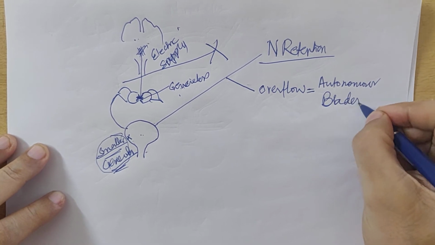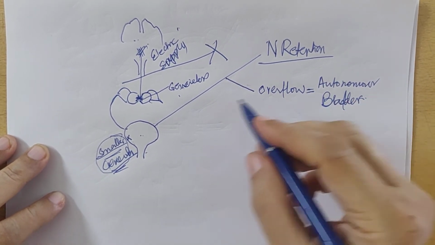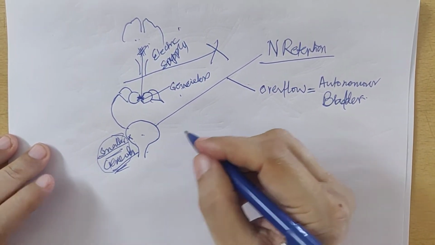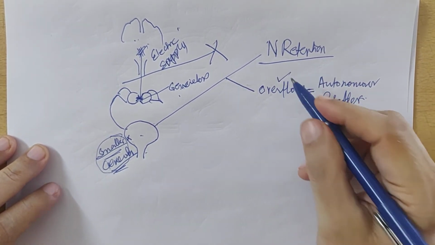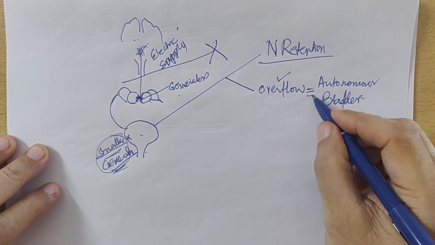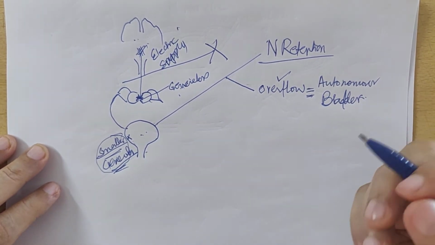Because this autonomous bladder would drain only with over distension, and it will drain in a dribble.